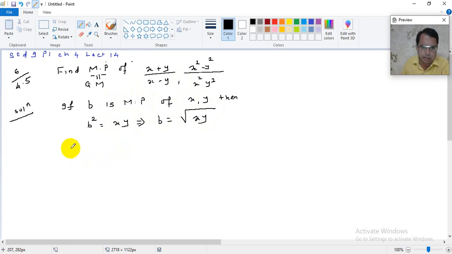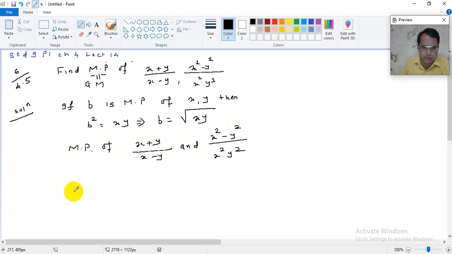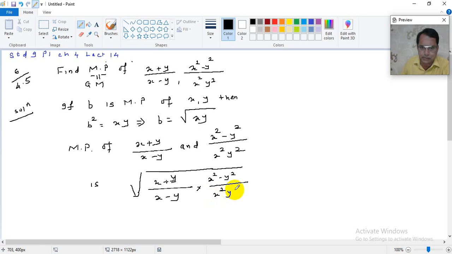So mean proportional of x plus y upon x minus y and x square minus y square upon x square y square is root of product of these two. रूट ऑफ व्हॉट, बघा रूट ऑफ xy ना, म्हणजे ह्या दोघांचा गुणाकार. So it is x plus y upon x minus y into x square minus y square upon x square into y square.